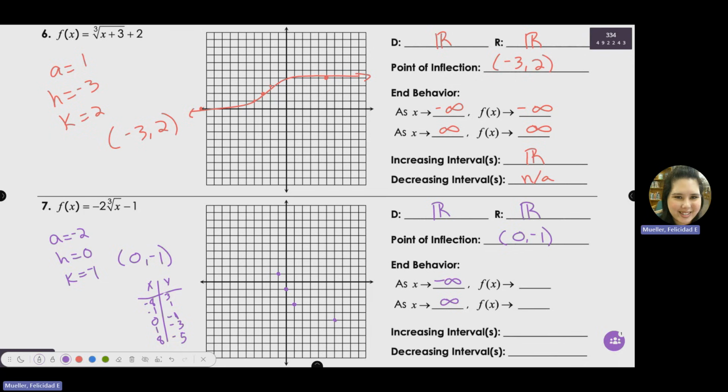Up 4. 1, 2, 3, 4. So here's what my graph looks like. So I can see on my end behavior, as we go to the left, it goes to positive infinity. As we go to the right, it goes to negative infinity. It is never increasing. My slope is negative at all times.